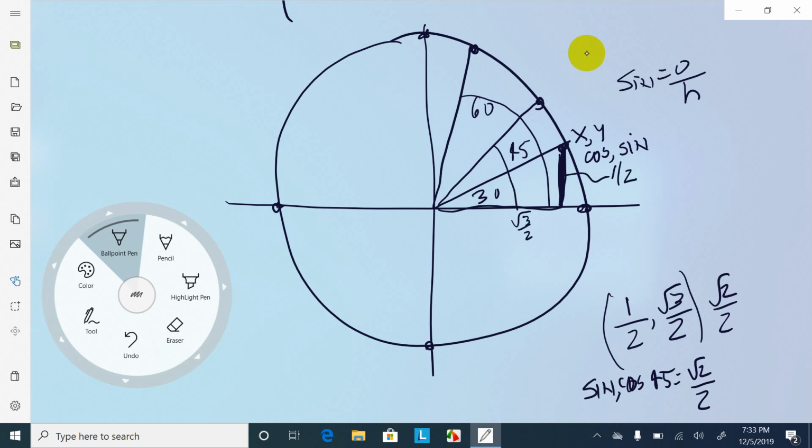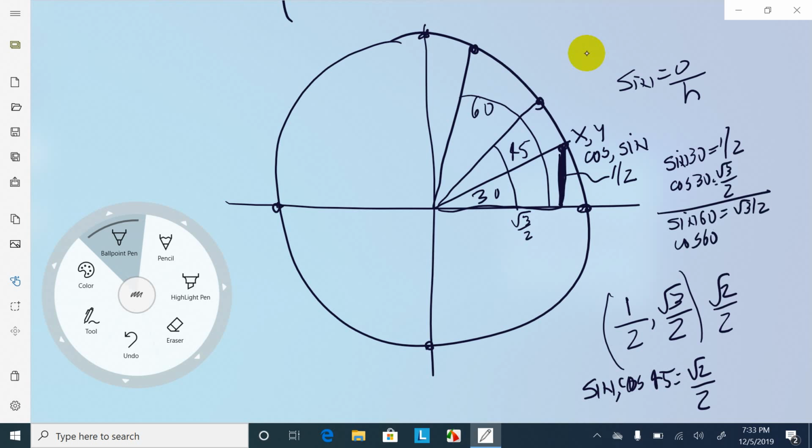So we could say something about 30 degrees. We could say that the sine of 30 is a half, which I think you memorized already, which is perfect. And the cosine of 30 is radical 3 over 2. Okay? Then we know that the sine and cosine of 45 degrees is this. And then for 60 degrees, it's opposite. The sine of 60 is radical 3 over 2.